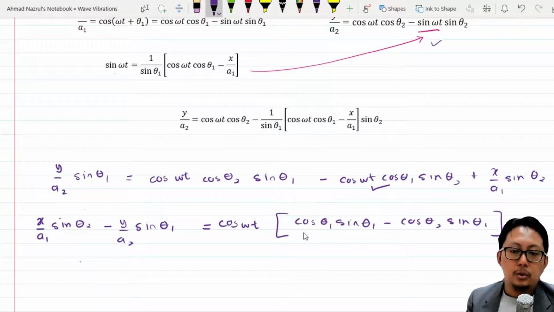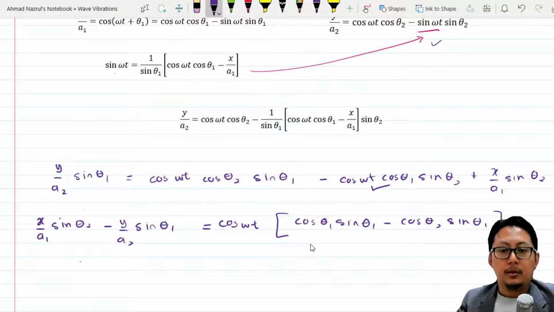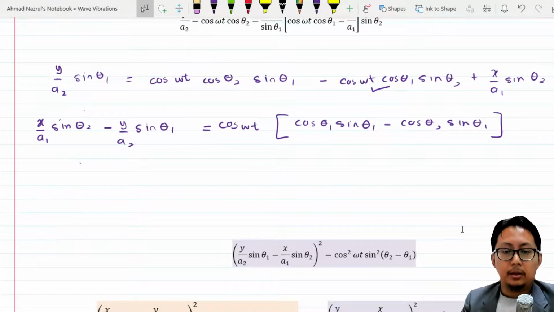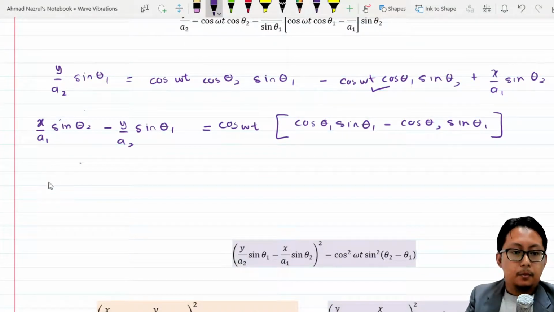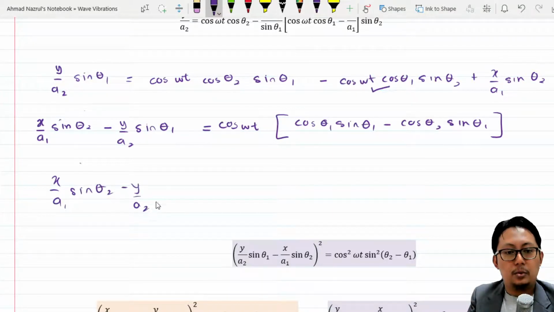Okay, so trigonometry identity again. So you can hear x over a1 sine theta 2 minus y over a2 sine theta 1, squared, equals cos square omega t.